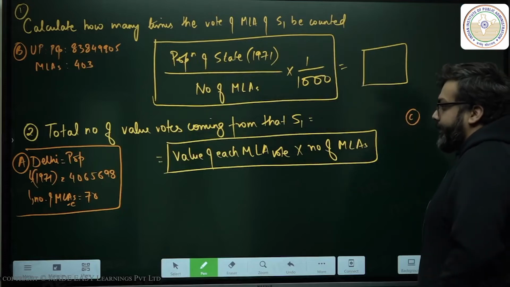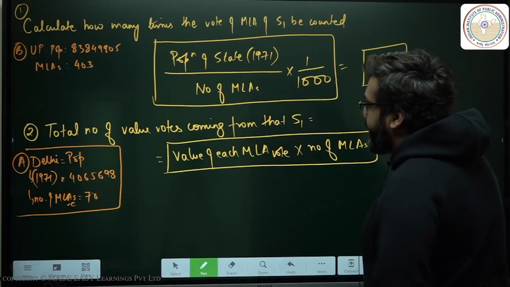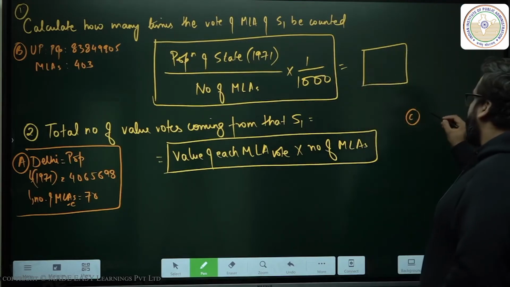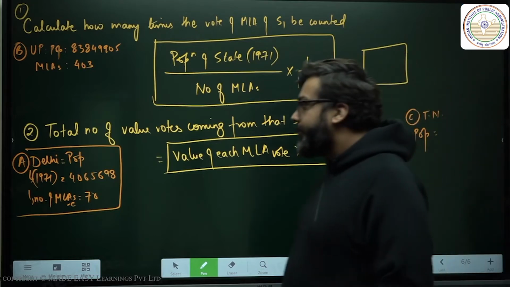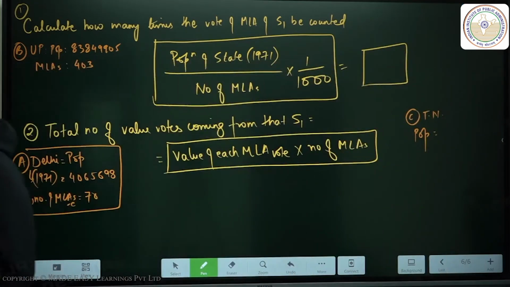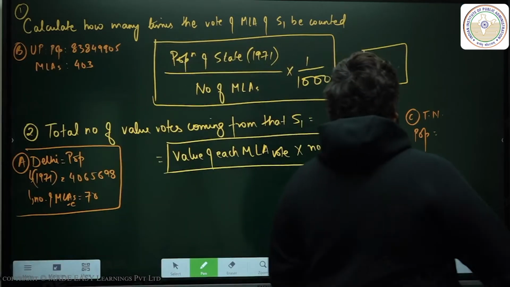Option C. Let us say Tamil Nadu. The population of Tamil Nadu as per 1971 census is 411,99,168.